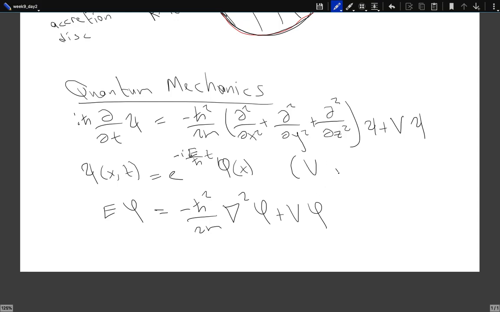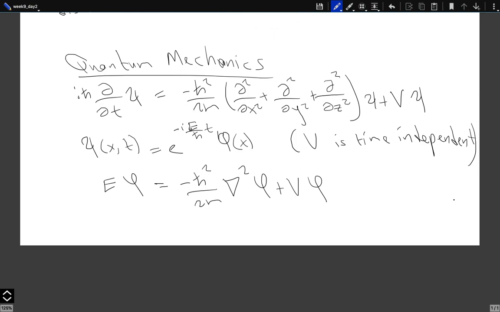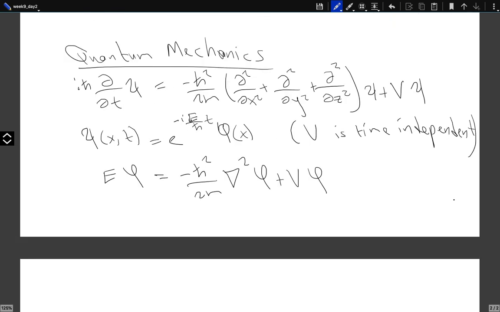Of course, this assumes that V is time independent. So, okay, nice. We have our equations, but what do we do with them?